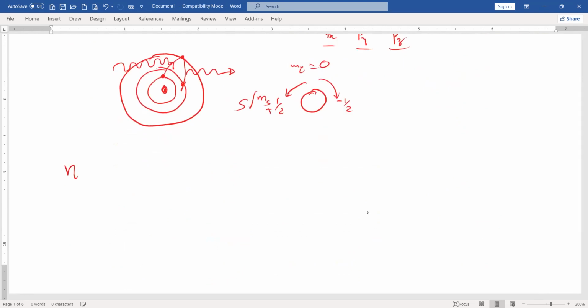If n equals 1, n squared equals 1. n equals 1 means the first energy level, and it has only one orbital, that is 1s. If n equals 2, the second energy level has l values 0 and 1. 0 means the s sub-energy level, 1 is the p sub-energy level.